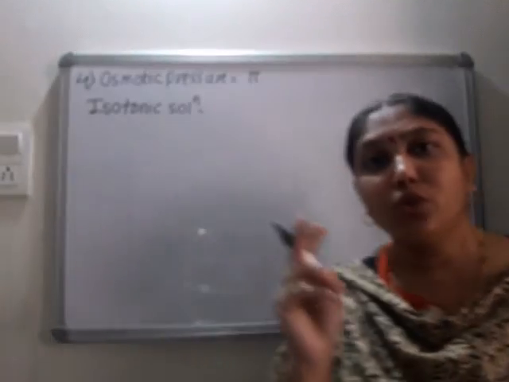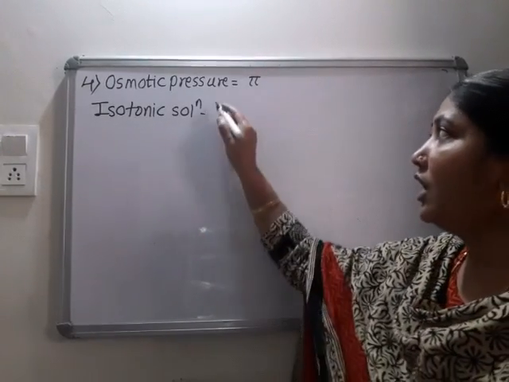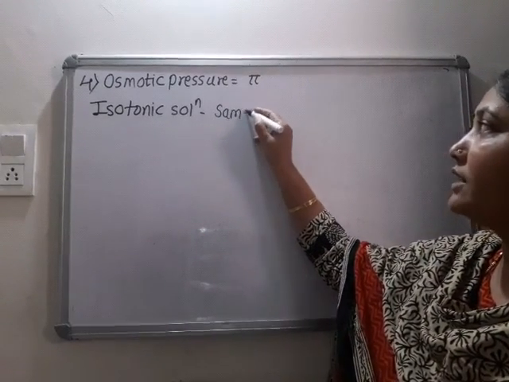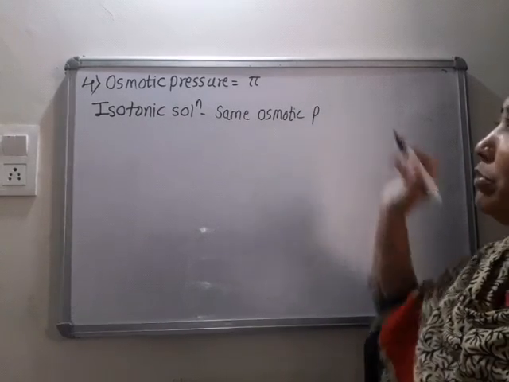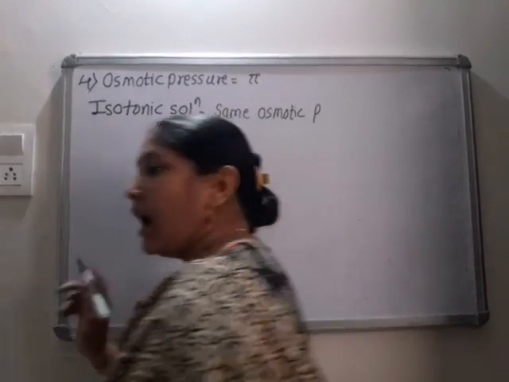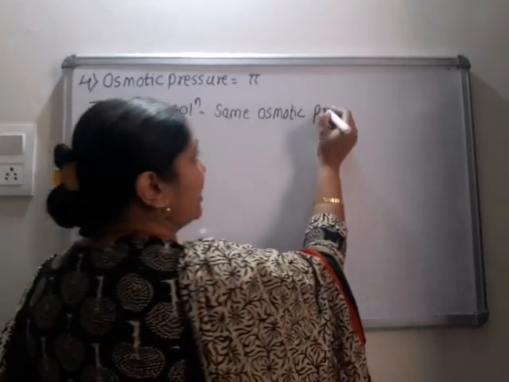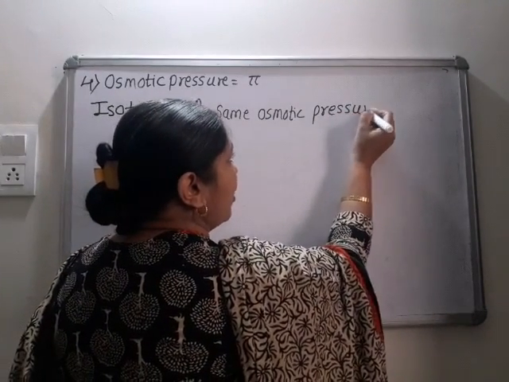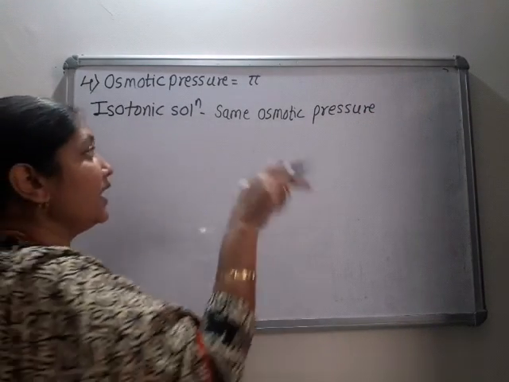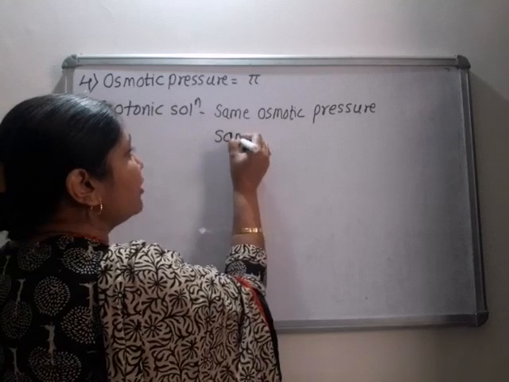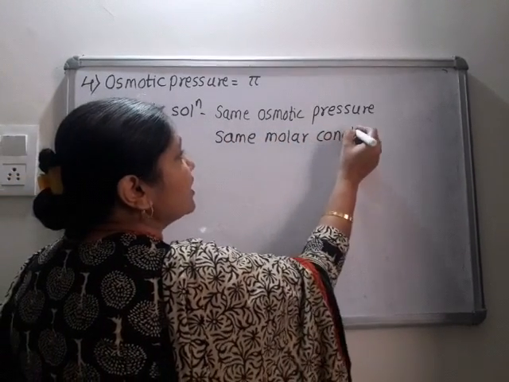Isotonic solution means solutions having the same osmotic pressure. So two solutions having the same osmotic pressure are called isotonic solutions. They have the same osmotic pressure, which means they have the same molar concentration.